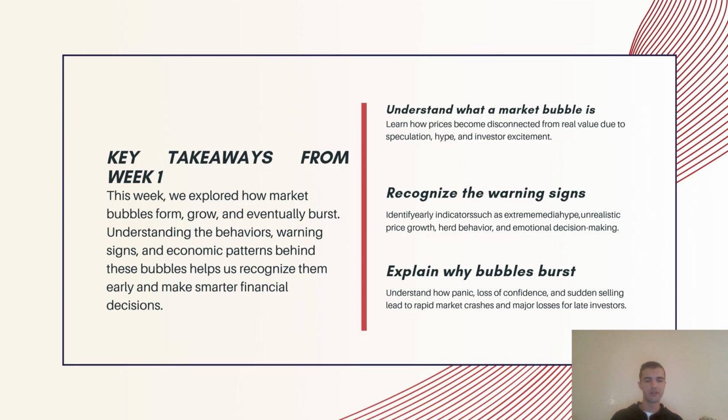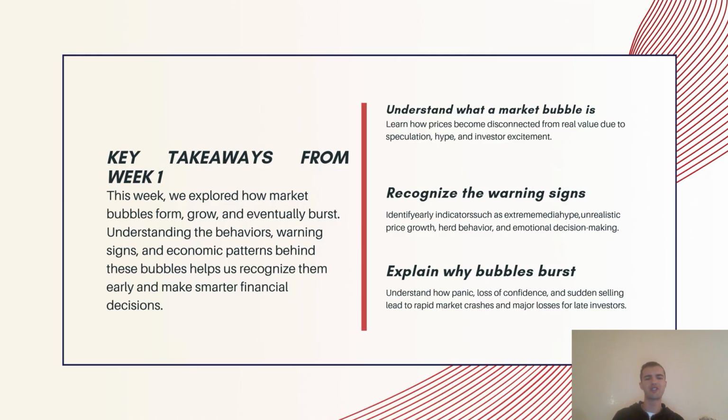Then I'm going to move to the slide that summarizes the key lessons. As I said before, a market bubble is often when a price rises above its real value due to speculation, hype, or emotional behavior. Bubbles have warning signs: rapid price growth, media hype, herd behavior, and disconnect from fundamentals.